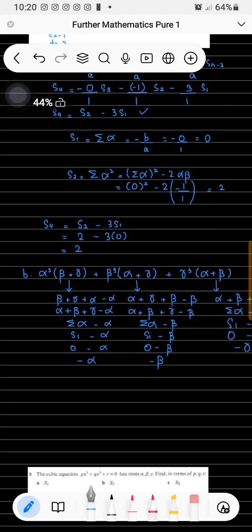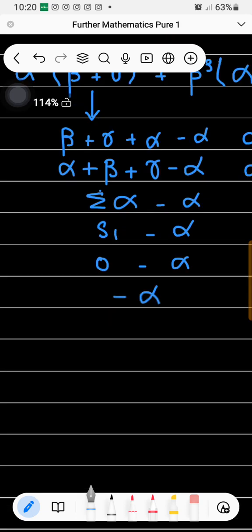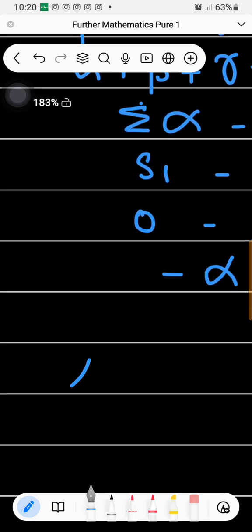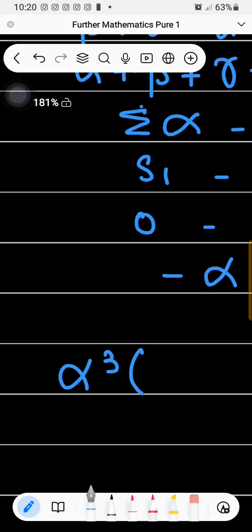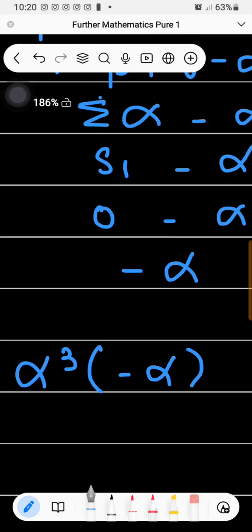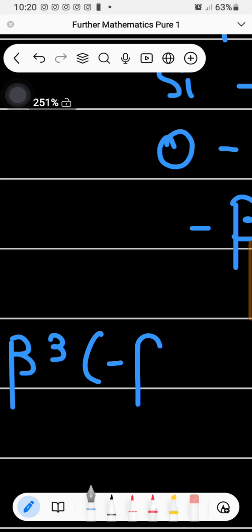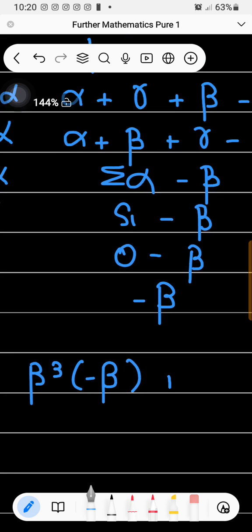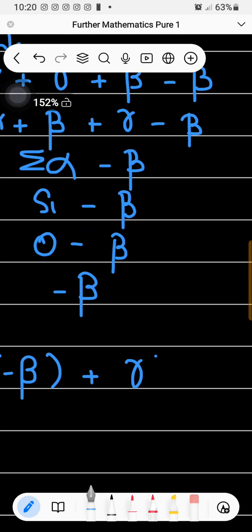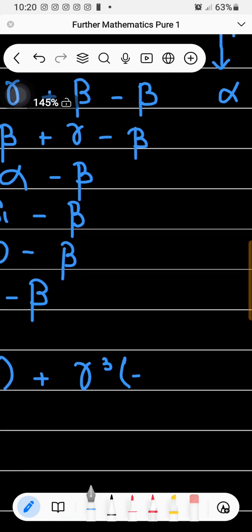So alpha cube times beta plus gamma, plus beta cube times alpha plus gamma, plus gamma cube times alpha plus beta, can also be written as alpha cube times minus alpha, plus beta cube times minus beta, plus gamma cube times minus gamma.